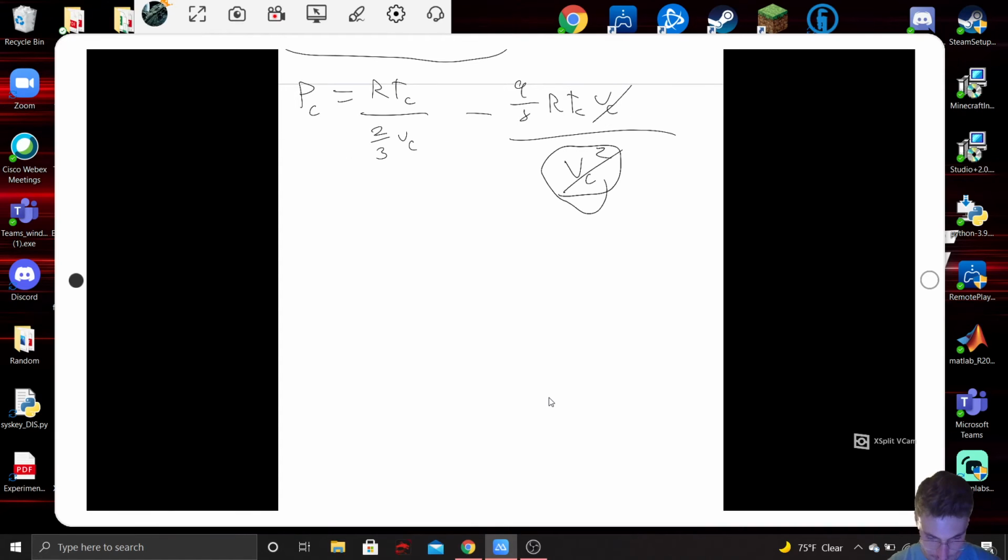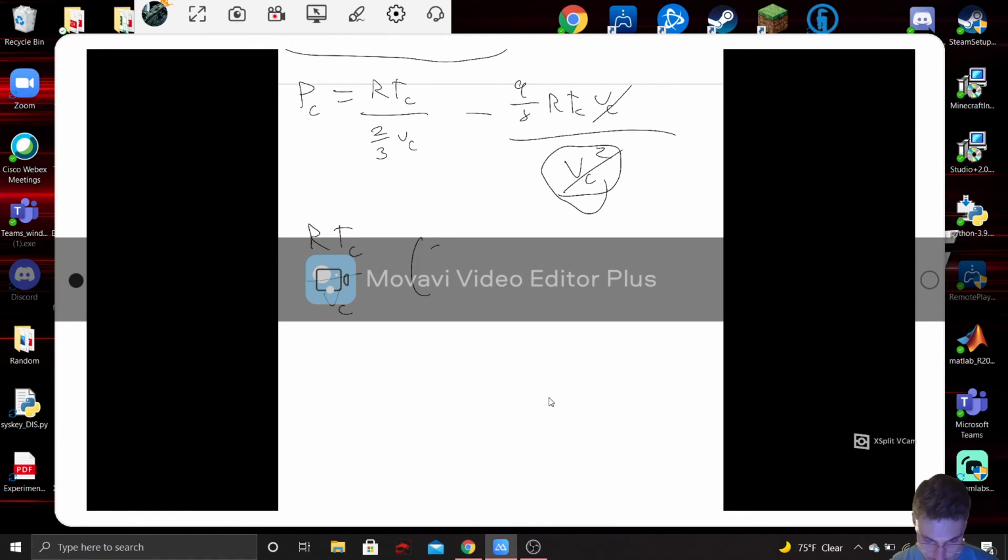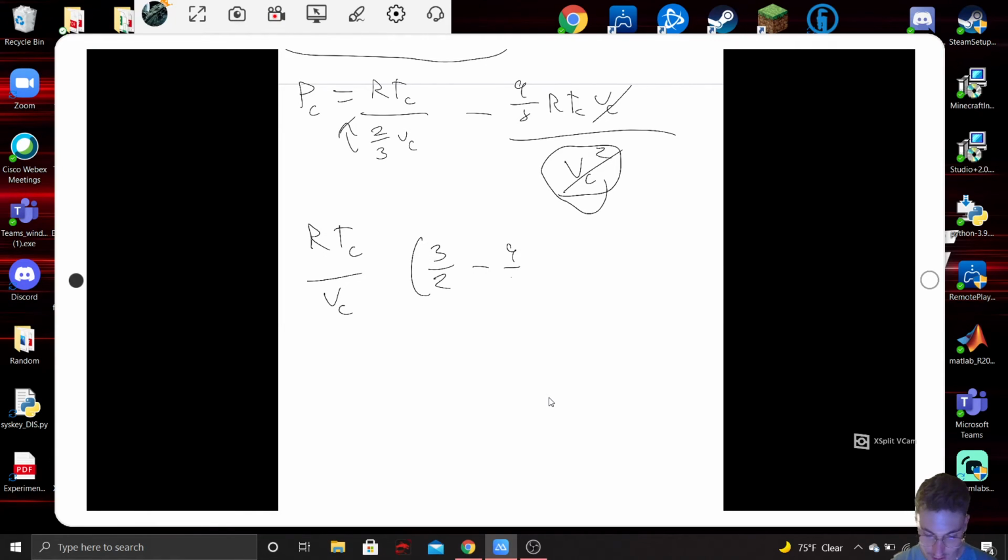Yeah, so we can go ahead and factor out RTC over VC, and that will leave us with a 3/2, because this will go back up to the top. It's 1 over 2/3, so that just becomes 3 over 2 minus our 9/8.